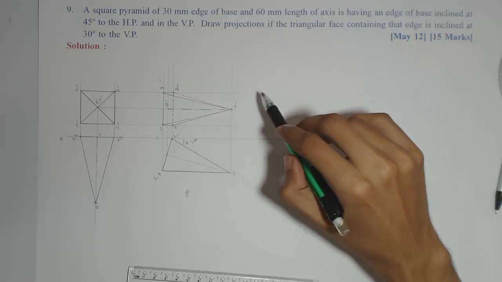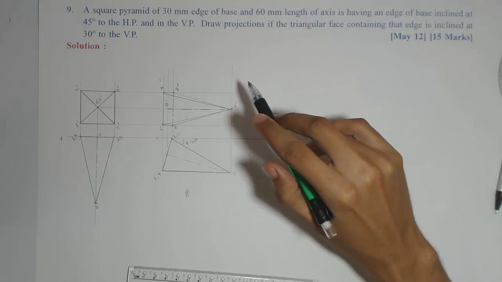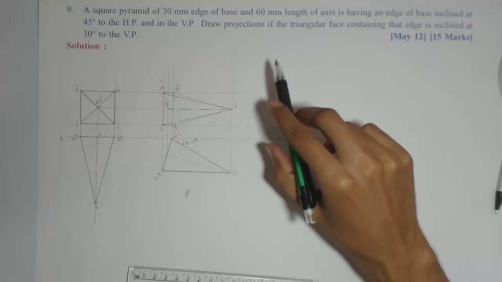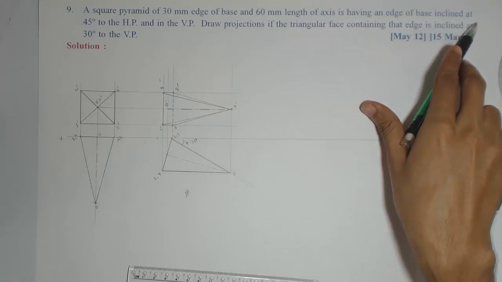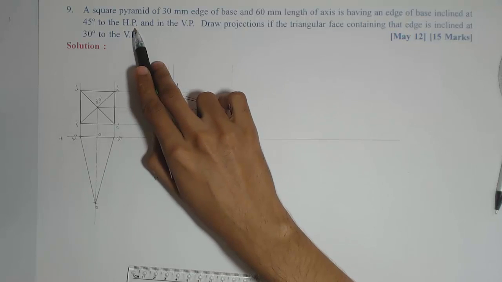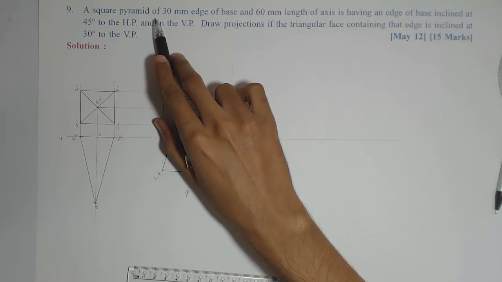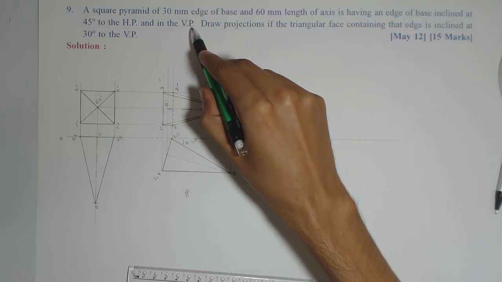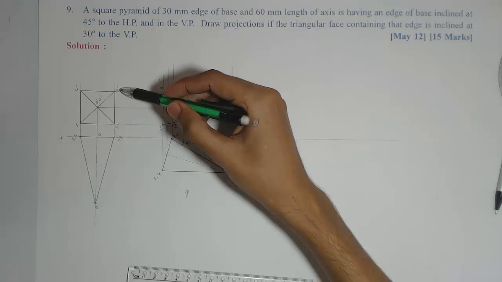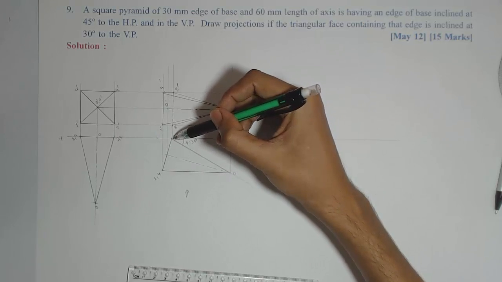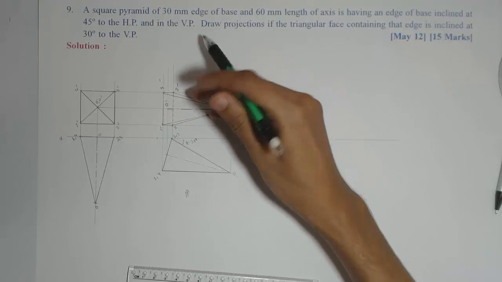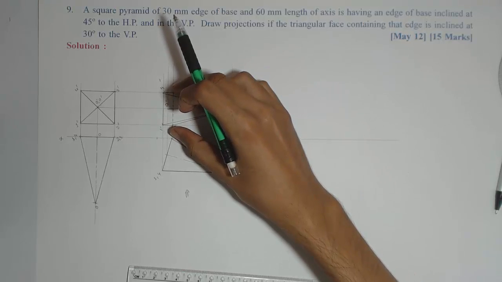Now for redrawing the front view in the third stage, we need a condition with respect to HP, which is given as: edge of the base inclined at 45 degrees to the HP. The edge of the base which was kept in VP, the notation for that is 2 dash 3 dash, which is a point here, again a point here, but now it has an edge visible to me.